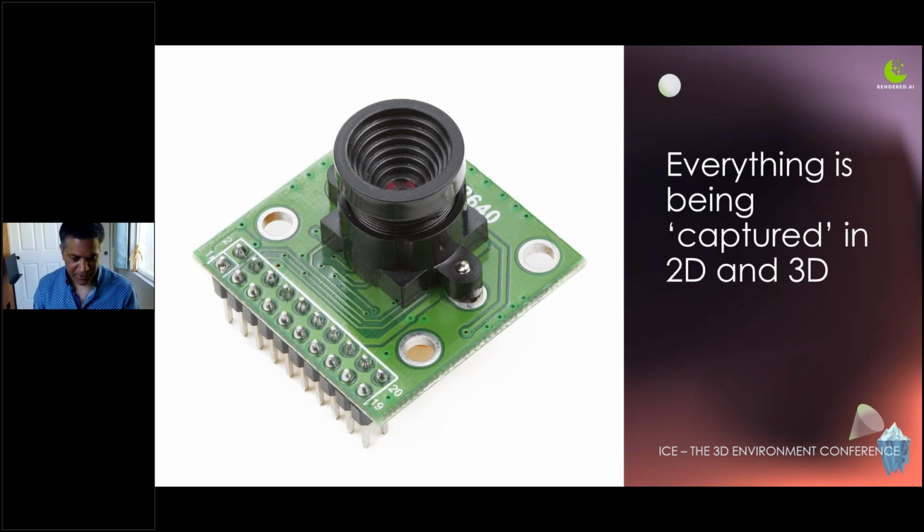In the real world domains, what we're seeing today is that everything around us is being captured in 2D and 3D. And I have a simple little Arduino camera there as an example, but we can pretty much be sure that in retail, in utilities, in local government and security and all kinds of domains, we're basically capturing everything with cameras today.